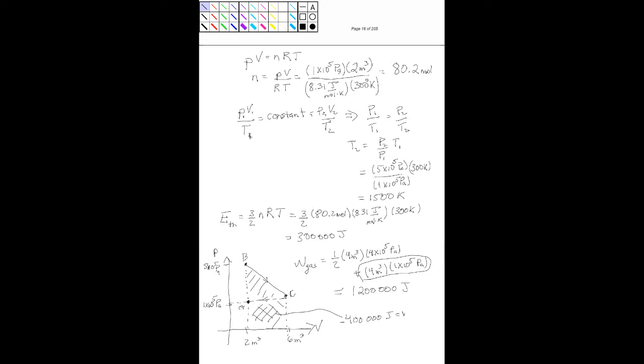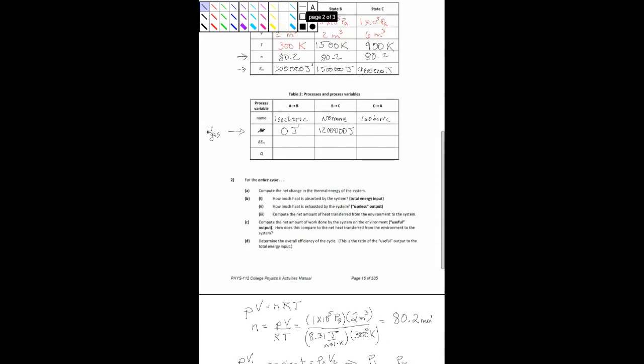So that's the work done by the gas as we move from C to A. So I can go back to my table and enter negative 400,000 joules. Okay? Alright, so that's that line of table 2.